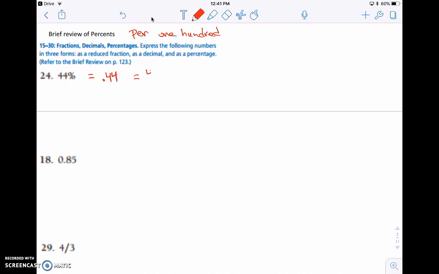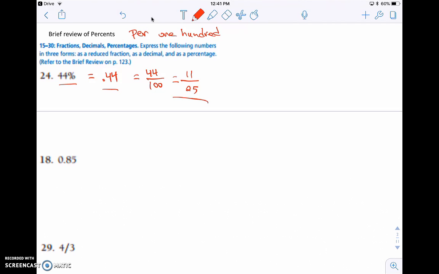Or 44% as a fraction is 44 over 100. Again, percent means per 100. So we take 44 and divide it by 100. If you reduce this fraction down, 4 goes into 44 11 times and into 100 25 times. So here are the different ways to represent 44%: as a percent, a decimal, and a reduced fraction.